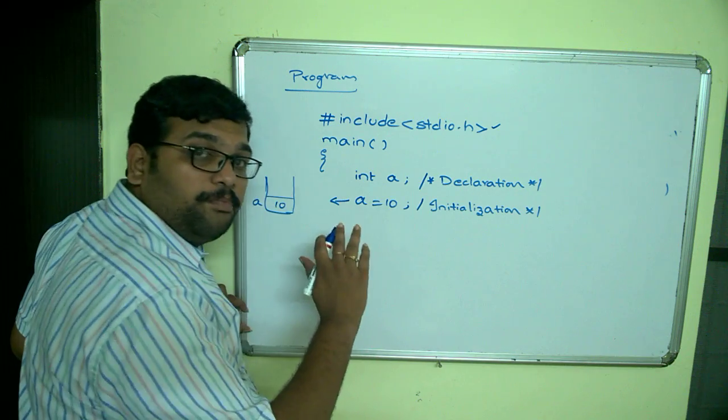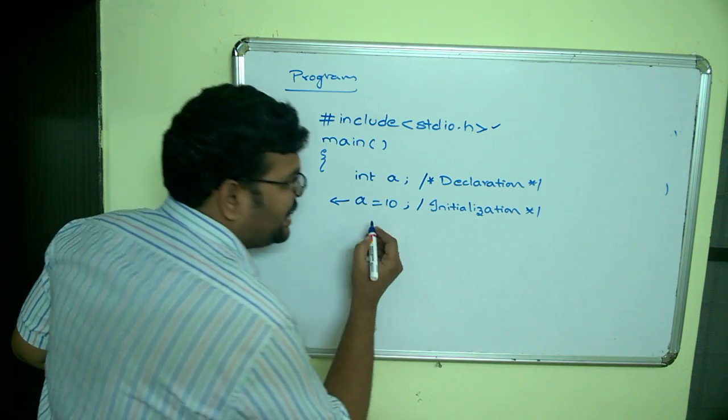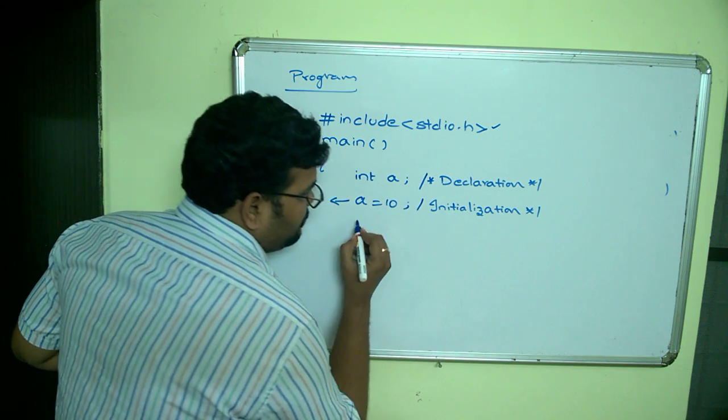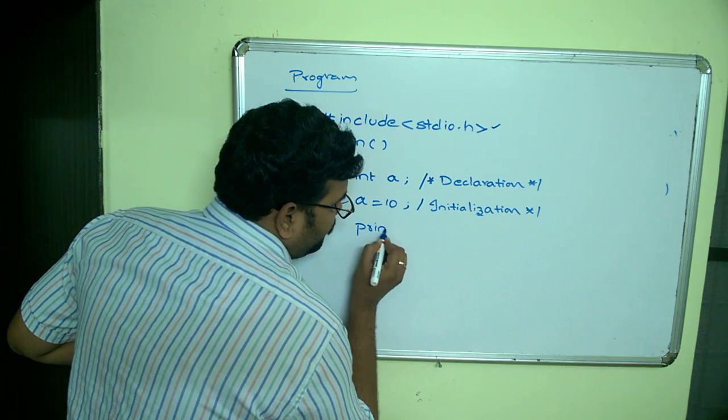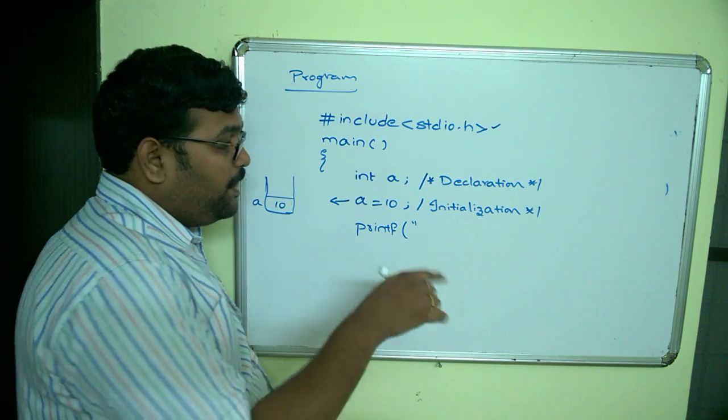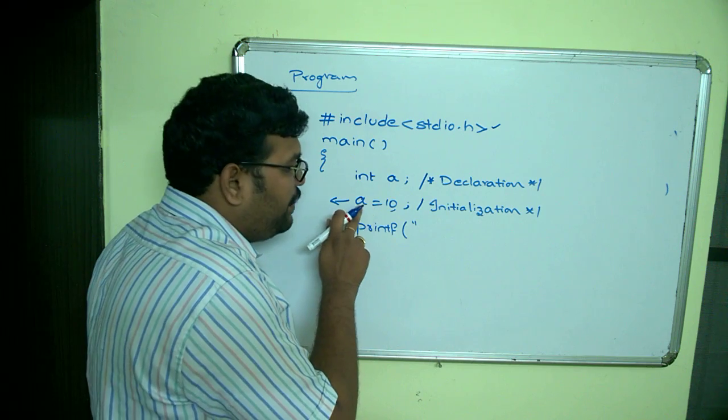And now I want to print the same number on the screen. So what is the output function we have learned? That is the printf statement. I want to print the value but not the variable name.